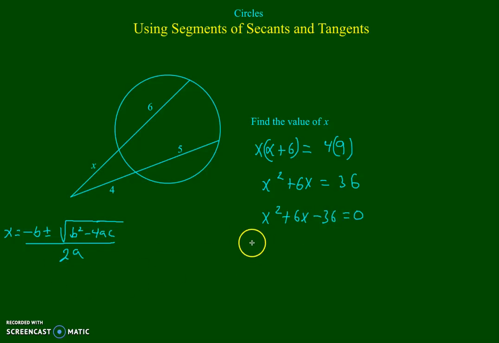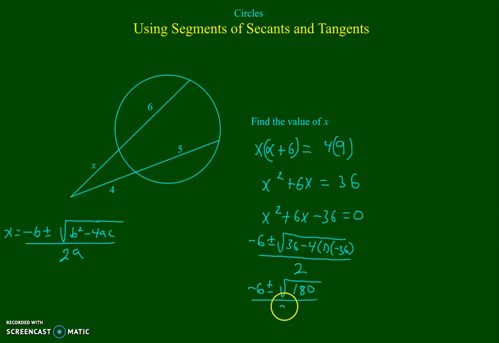So we have negative 6 plus or minus the square root of 6 squared, which is 36, minus 4 times a times c, all over 2a. Alright, let's figure out what this is. That's 36 plus 36 times 4. That gives us negative 6 plus or minus the square root of 180 all over 2.